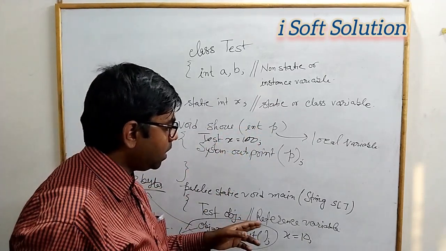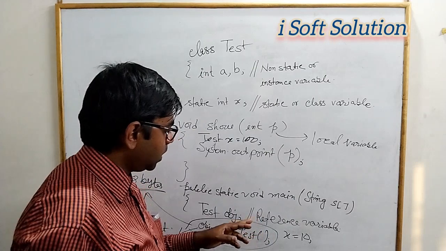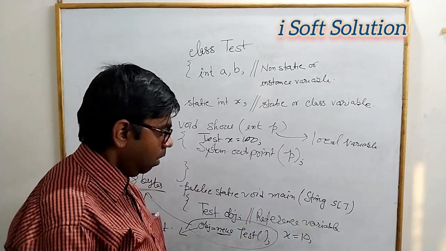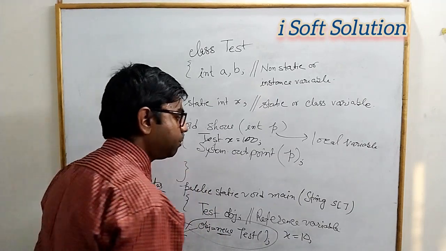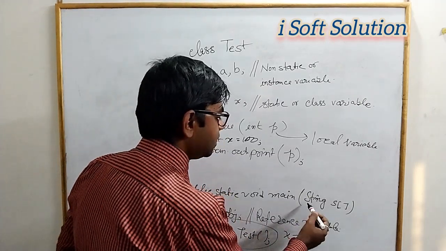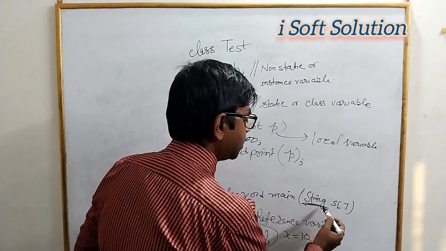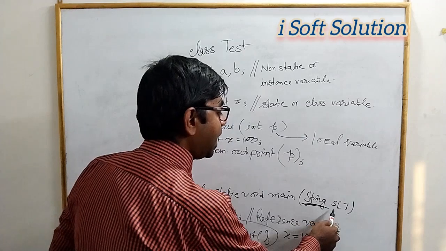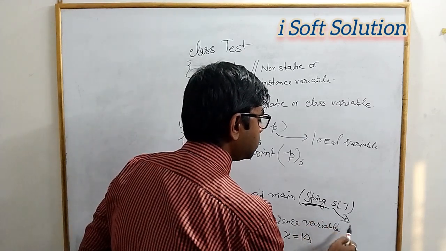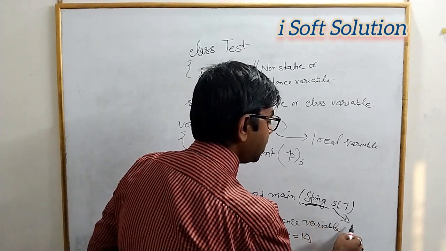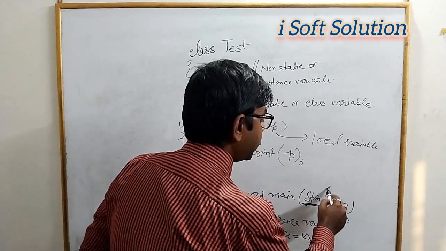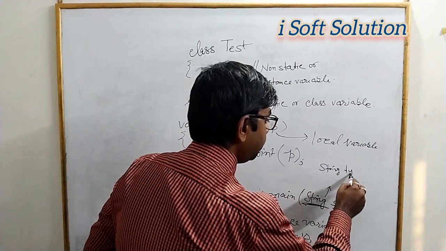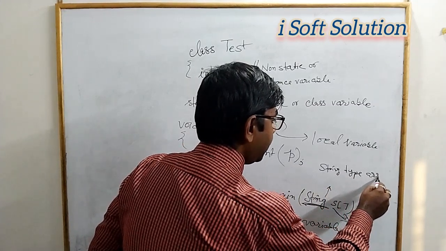And the reference variable is the variable which is declared with the reference data type, that is class. And in the main section, String is a predefined class and s is the reference variable, and it's an array type reference, so it is a string type array reference variable.